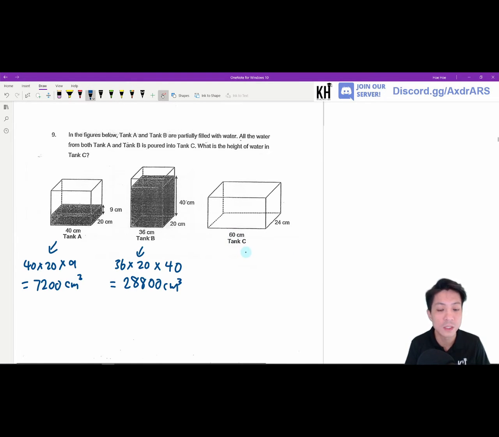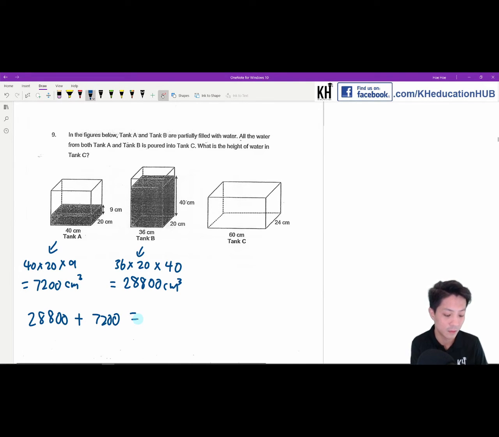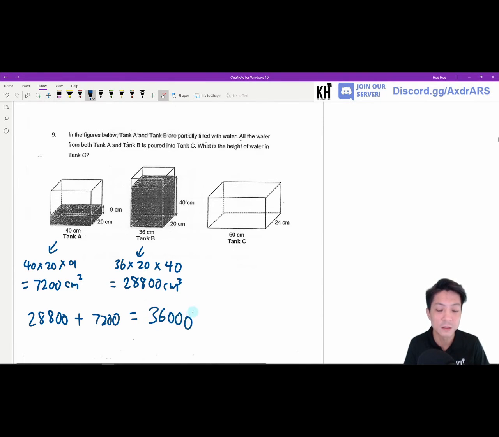The next step we're going to do is add these two together. That's going to give me 36,000. To find the height, I'm going to use 36,000 divided by the base area.